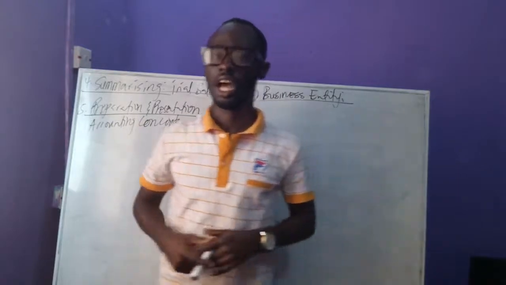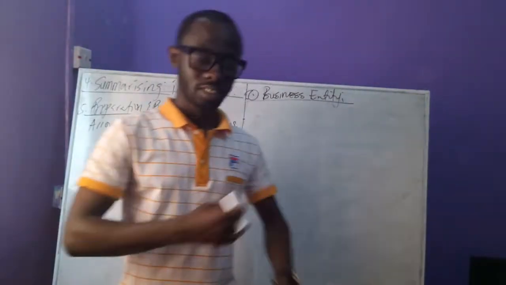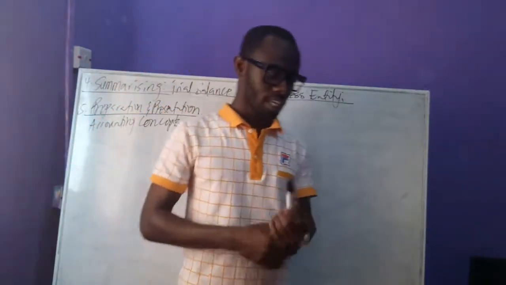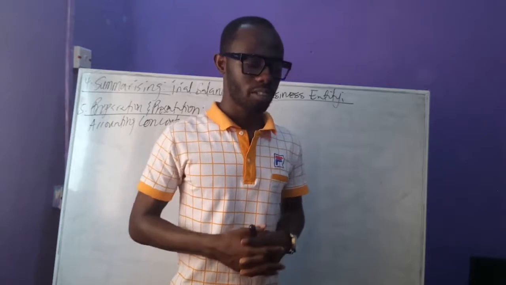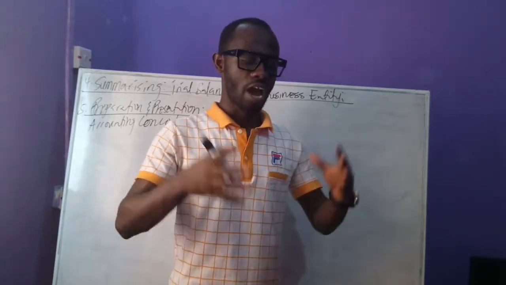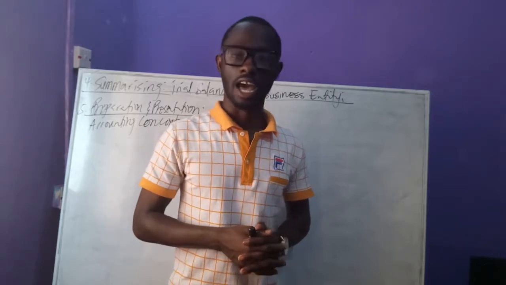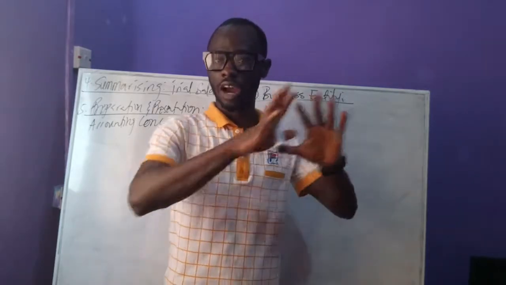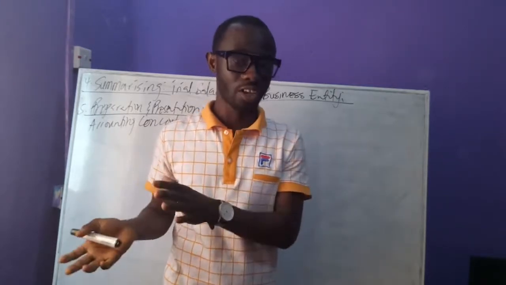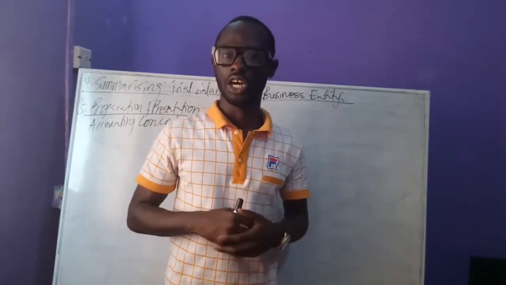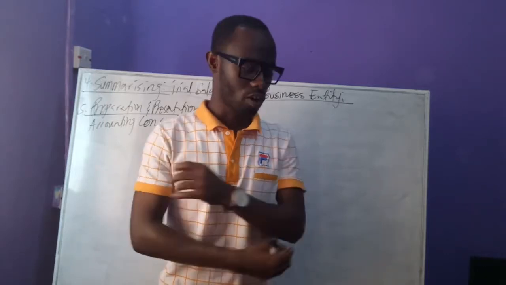Now, the significance of the business entity concept is that it helps in ascertaining the profit of the business, as only the business expenses and revenue are recorded and all private and personal expenses are ignored. So all private personal expenses of the sole proprietorship are ignored, but the business transactions, revenues and costs are recorded.